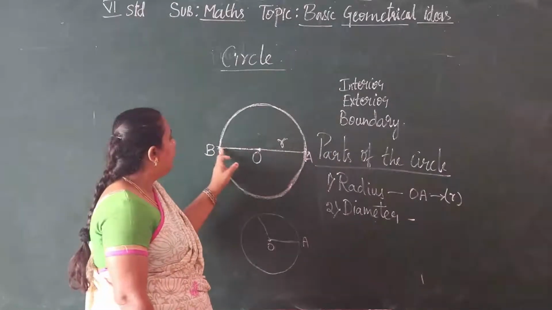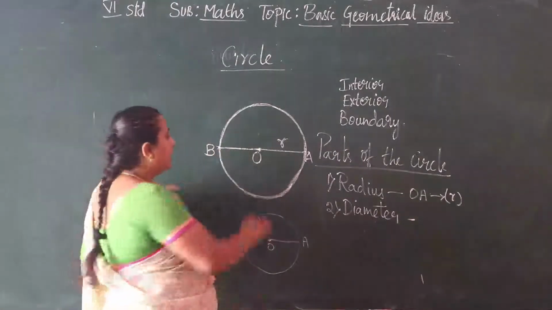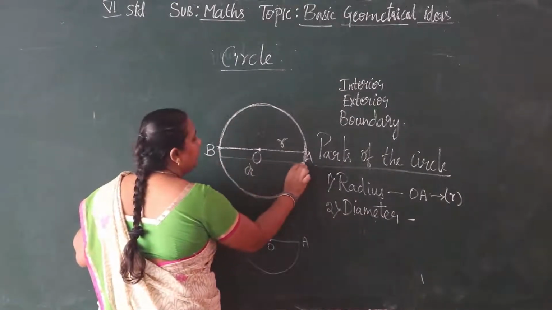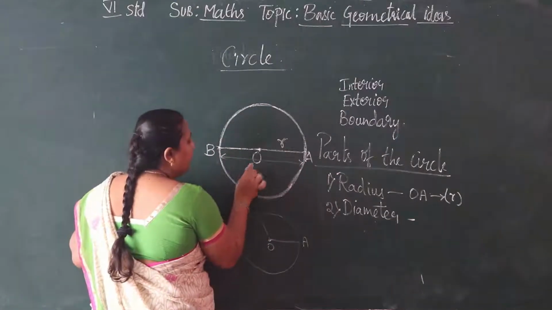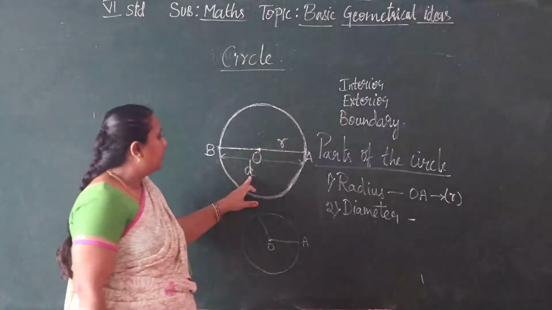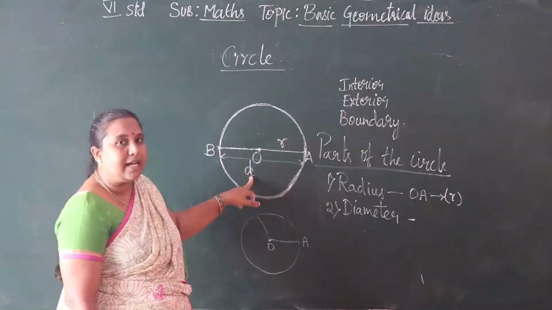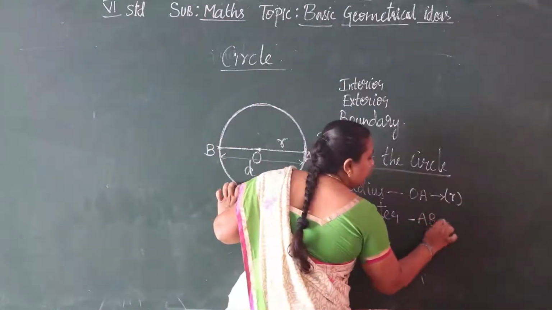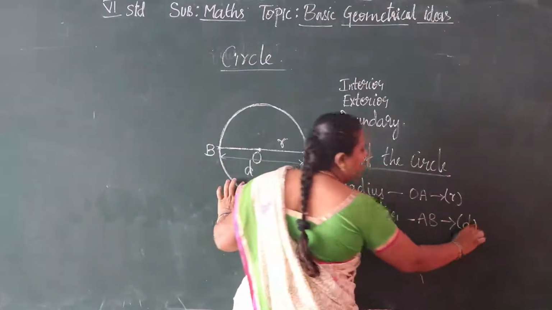So AB is the diameter D. We define the diameter as D.